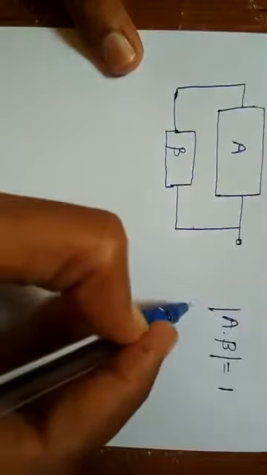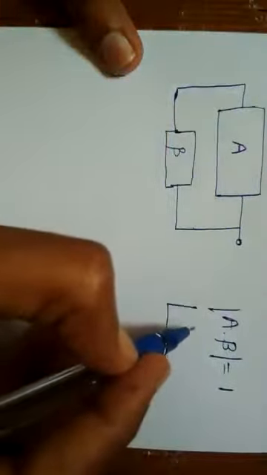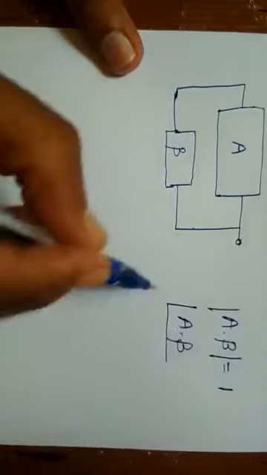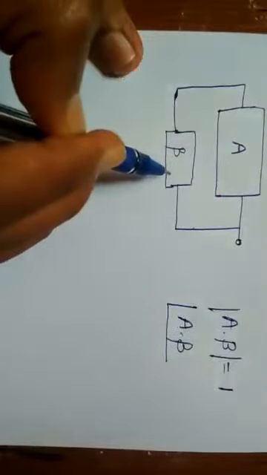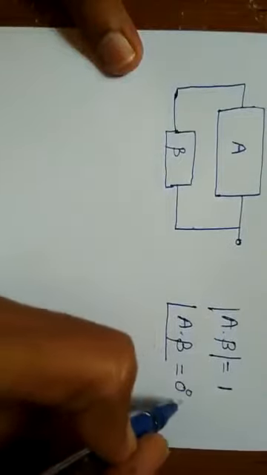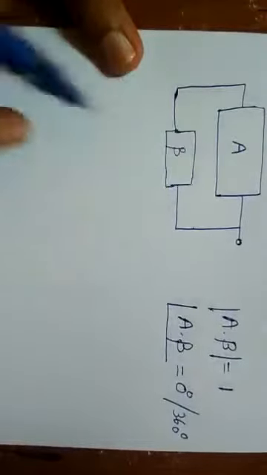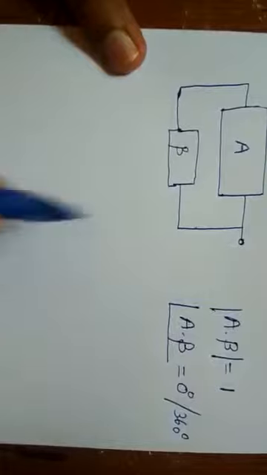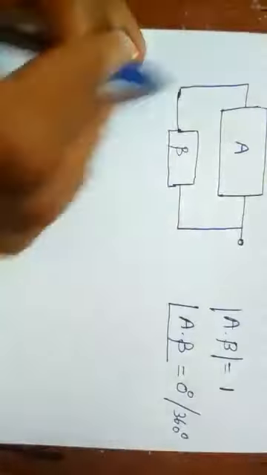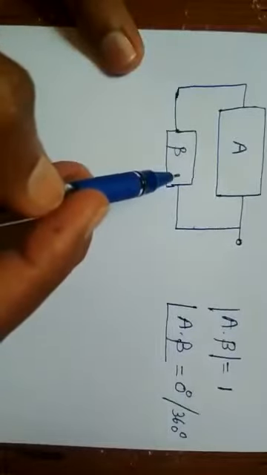and similarly the angle or the phase shift or phase difference between the forward path and the feedback path, if this angle or the phase shift is 0 degree or 360 degree, or there is no phase shift between the forward path and feedback path, means this network becomes an oscillator, or it is capable of generating sustained oscillations.